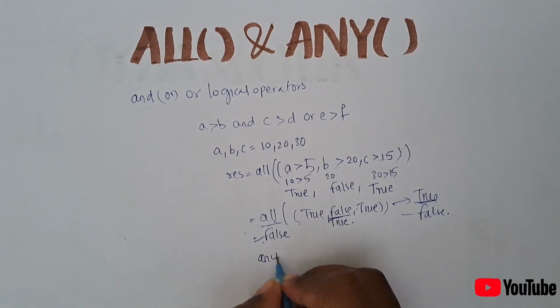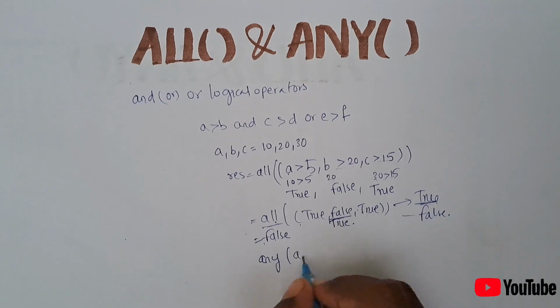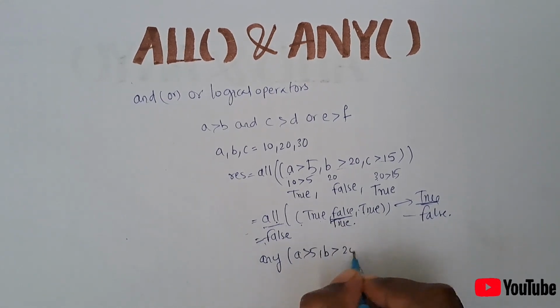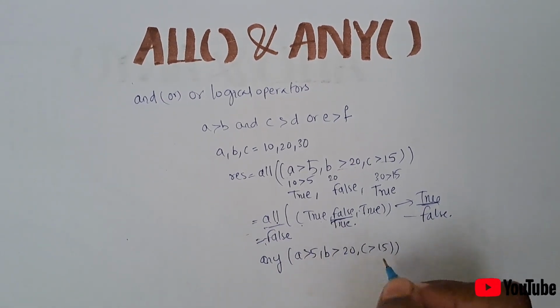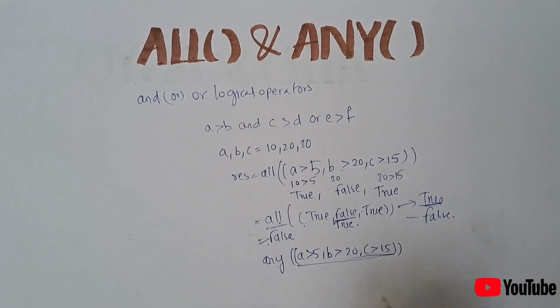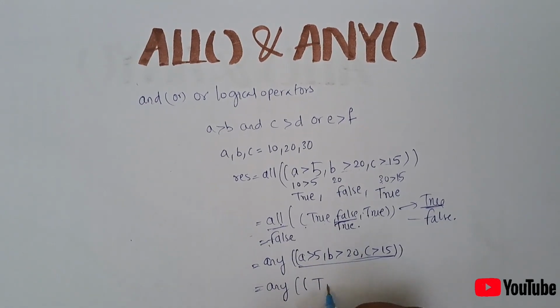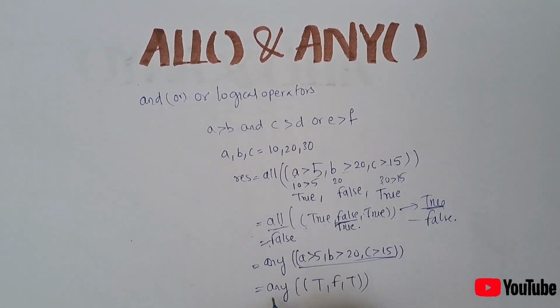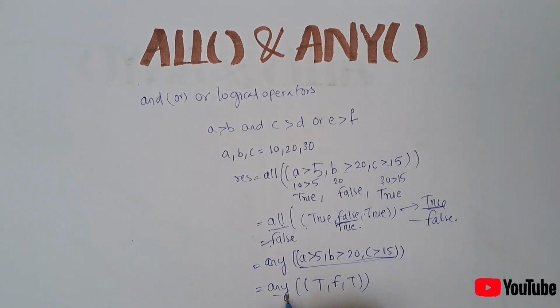If you consider the any function for the same conditions, here we are giving these conditions in a tuple format. Then here we have true, false, true. The any function will return true if at least one of its parameters returns true.